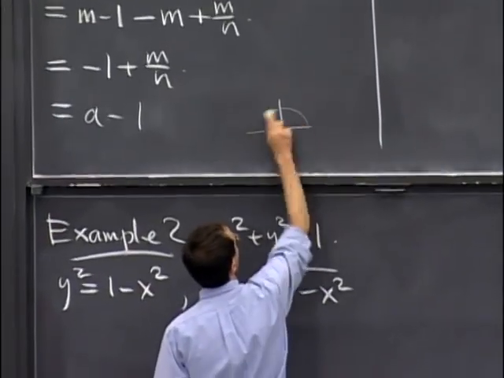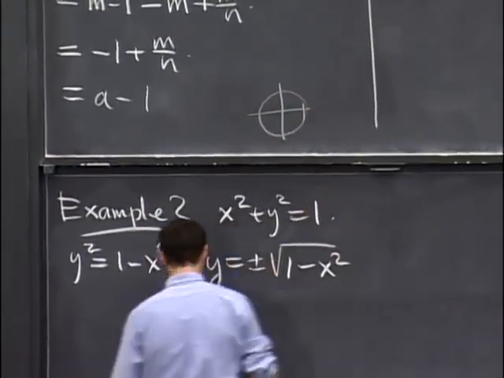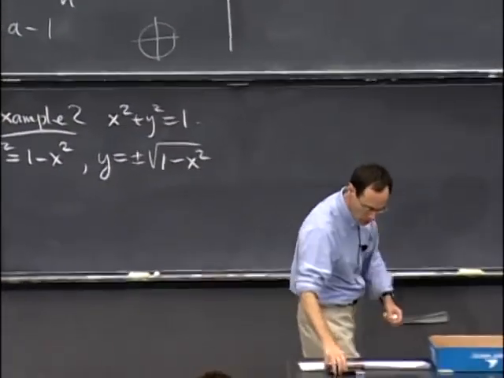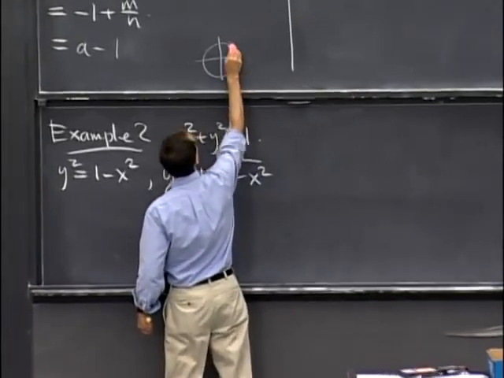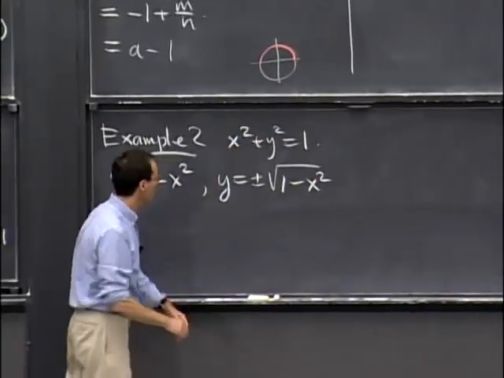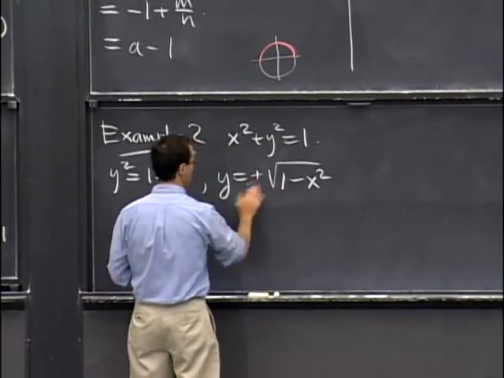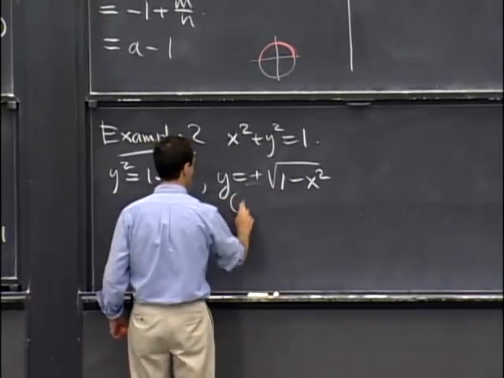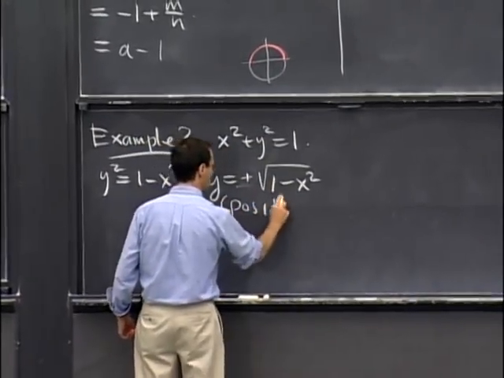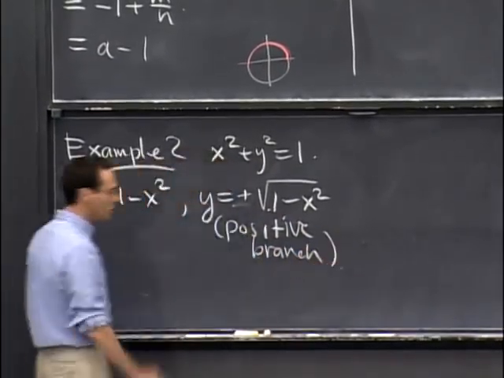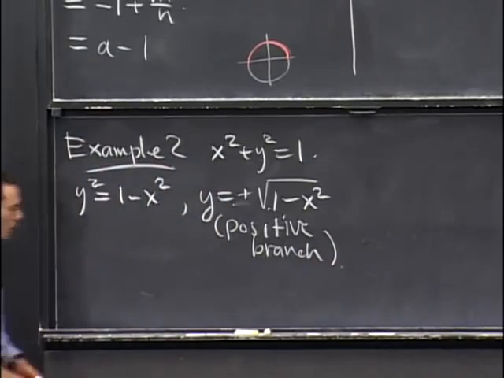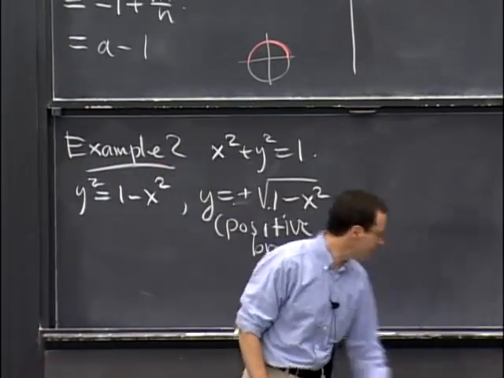It's really a circle in disguise, and I'm just going to take the top part of the circle, that top hump here. So that means I'm erasing this minus sign. I'm just taking the positive branch. I could do it just as well with the negative branch.